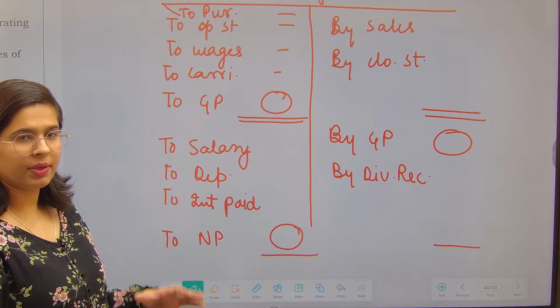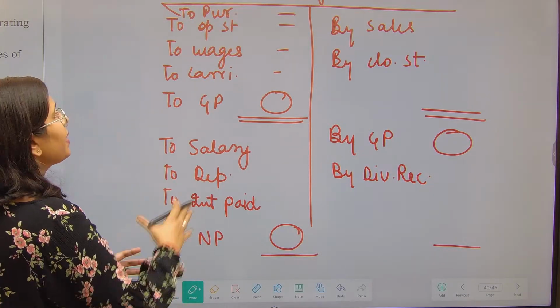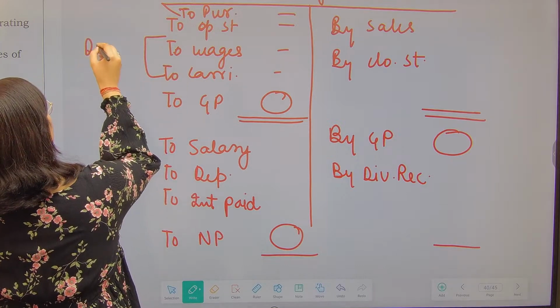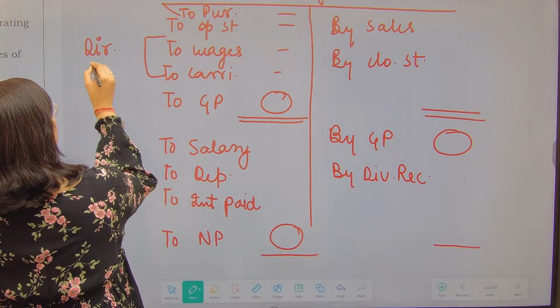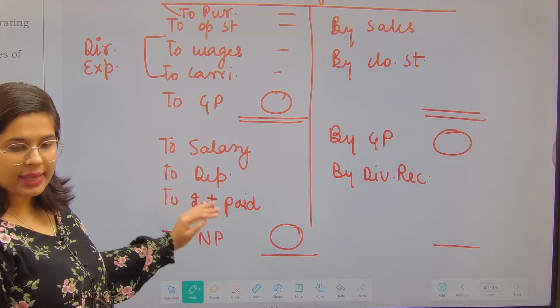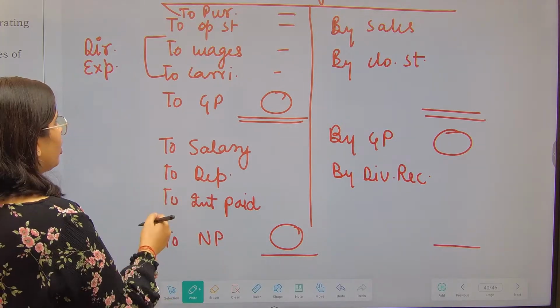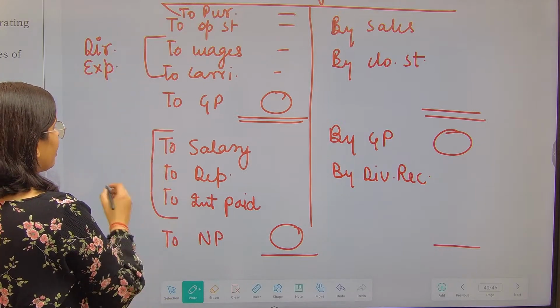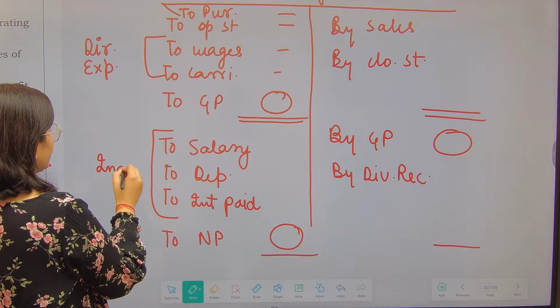Now please listen to me very carefully. Okay? While calculating gross profit, I have deducted direct expenses. Okay? While calculating net profit, obviously if these are direct expenses, then these are all indirect expenses.